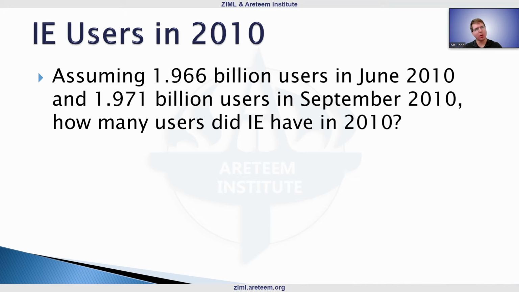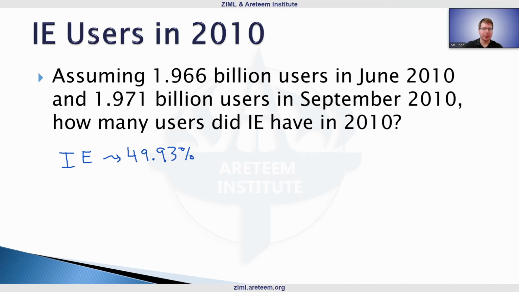So we estimate, okay, if we know that, this portion of people were visiting websites with Internet Explorer, right, to remind us of that data, right, the market share for Internet Explorer in that year, right? So if we look at the IE market share, that market share from our old data there was like 49.93%. So we know that roughly 49.93% of the websites visited were from Internet Explorer.